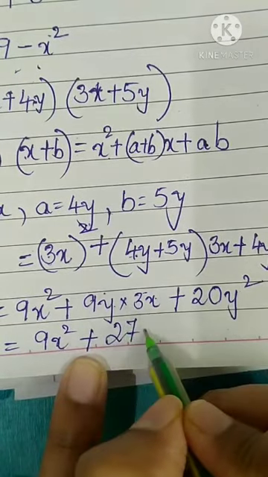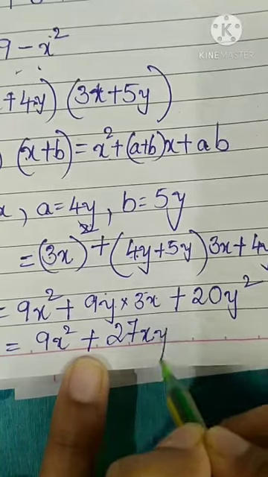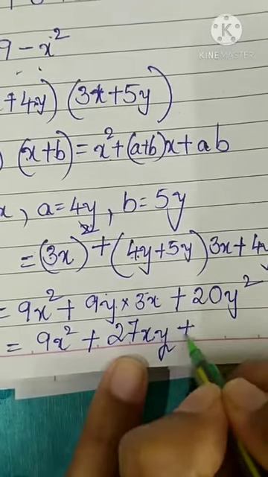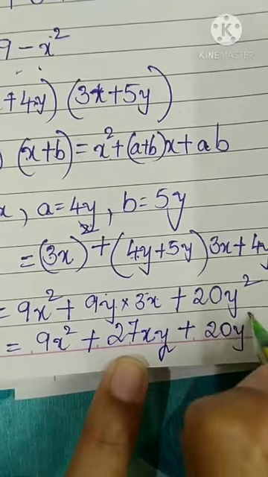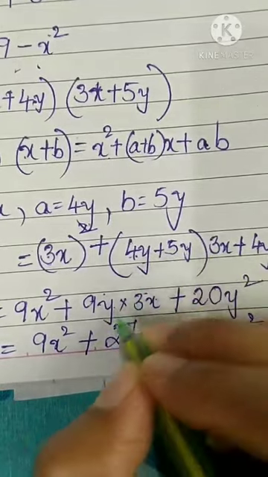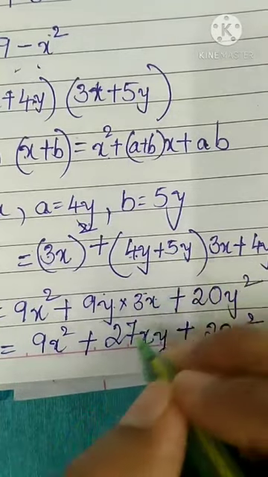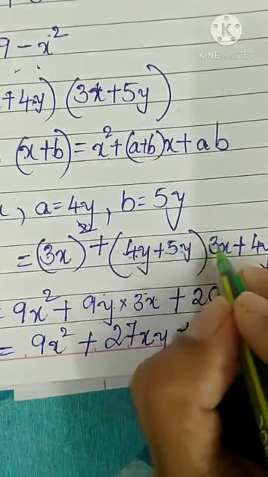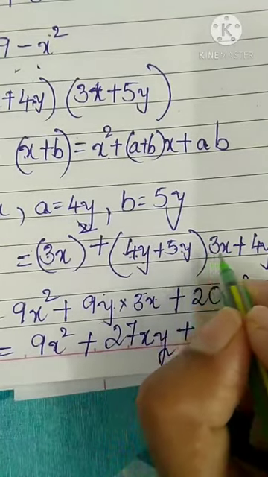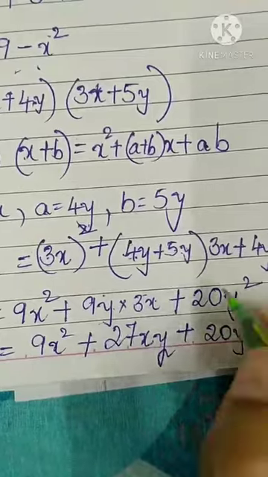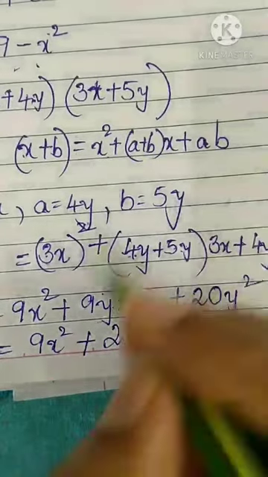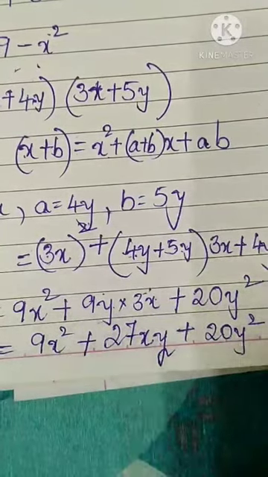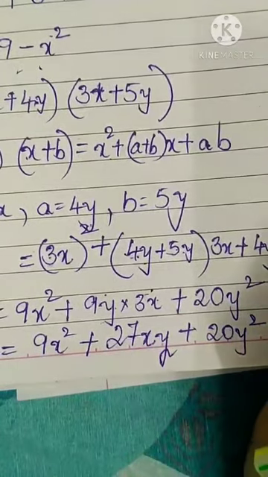X into y, we will write in alphabetical order. X comes first, so xy plus 20y square. If you can do it directly, then you need not write this step. Directly you can write the answer. 4 plus 5, 9y. 9 into 3, 9 threes are 27, xy. Or you can write one more step and do. All according to your comfort zone, you can do the sums.